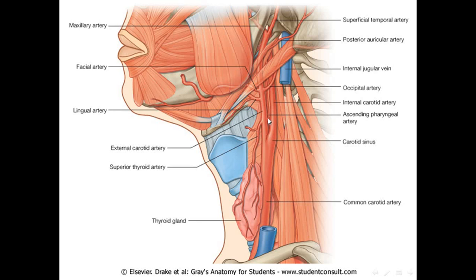Then the ascending pharyngeal artery, this small branch posteriorly. Above, we have the lingual artery, the facial artery. Then on the posterior side is the occipital artery. Higher up is the posterior auricular, and then finally it terminates into two branches, which are the superficial temporal artery and the maxillary artery.